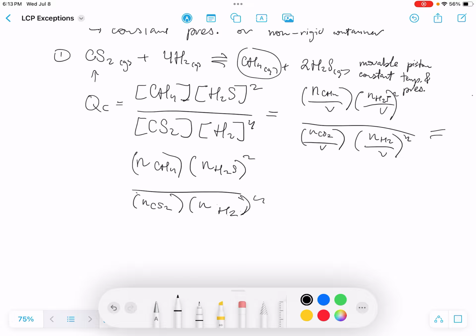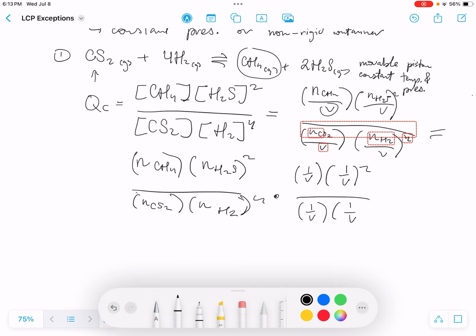Sorry about that. Remember though, we also have the volume term here. So here we really have 1 over V times 1 over V squared, divided by 1 over V times 1 over V to the fourth, okay?